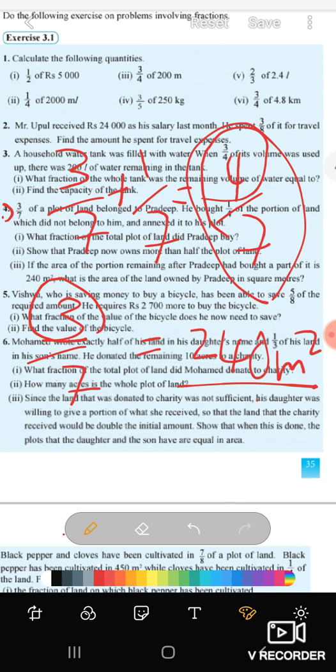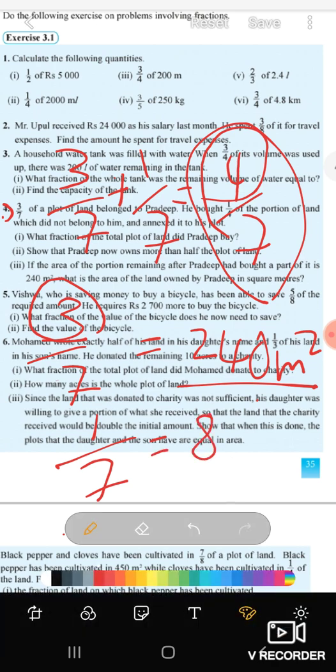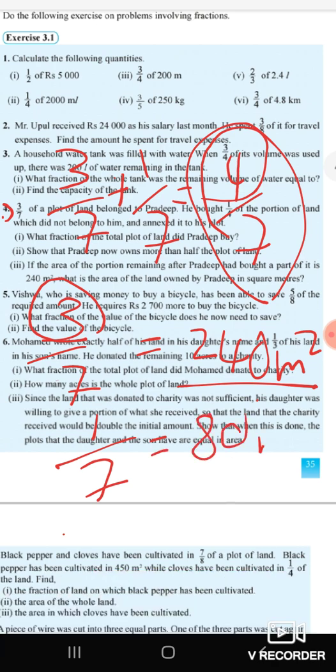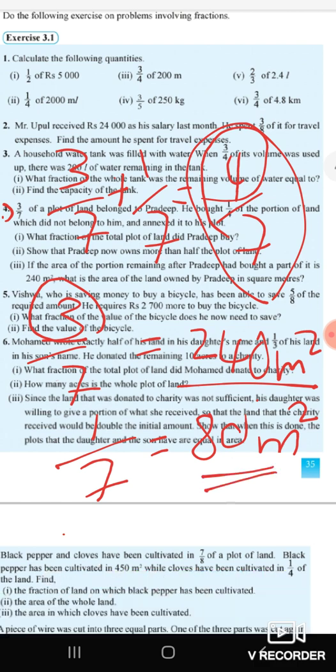For 3 portions, 240 meters square, so for 1 portion you divide 240 by 3, which is 80 meters square. Still it's not over.